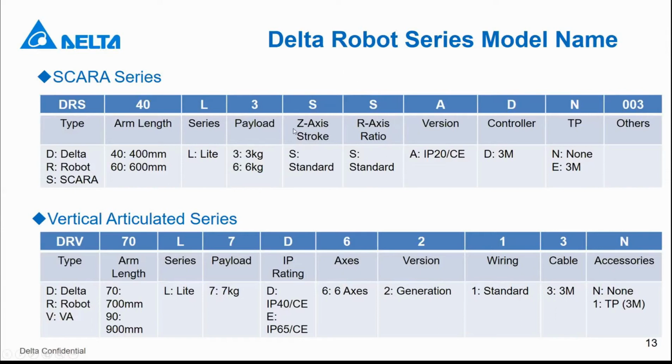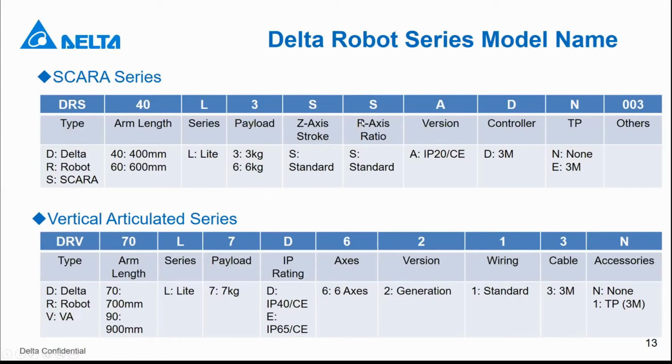And the next two will be about joint 3 and joint 4. First is the Z-axis stroke. For the Z-axis stroke, we have a standard length. But in some applications, maybe you need a longer Z stroke, so you can choose other options to have a longer Z stroke.